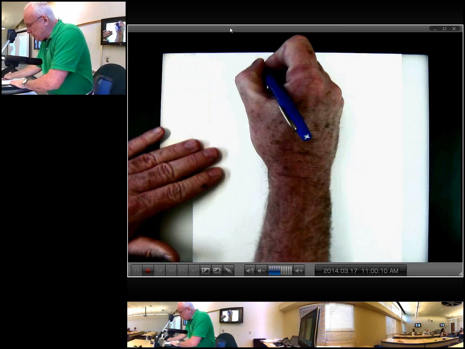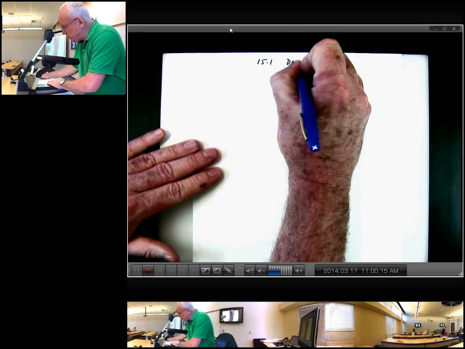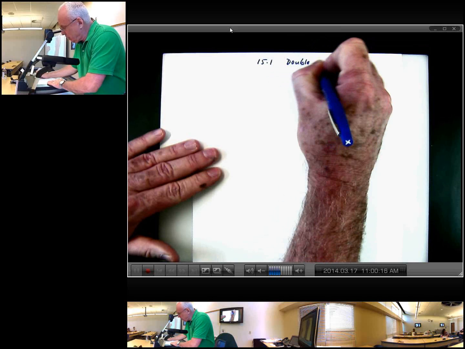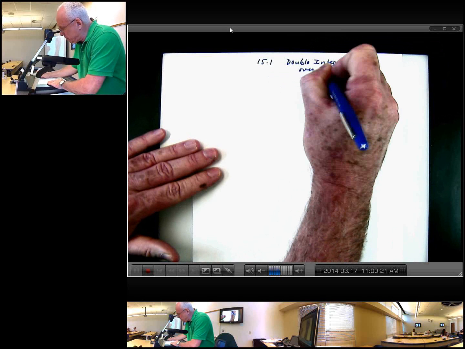So anyway, the first section, 15.1, introduces us to what it means to have an integral over a rectangle. So 15.1, double integrals over rectangles.